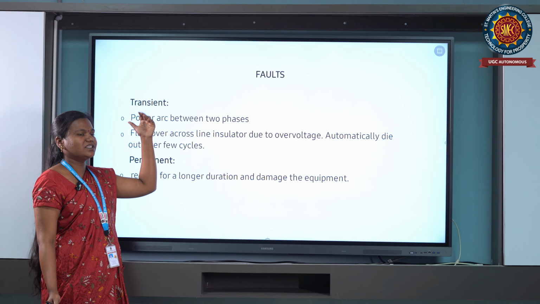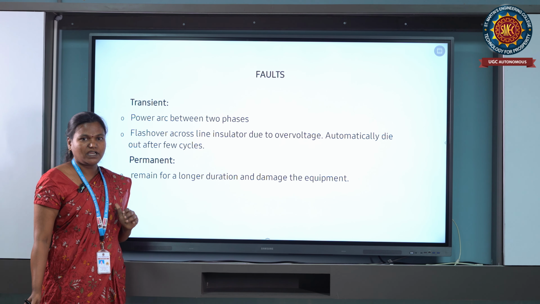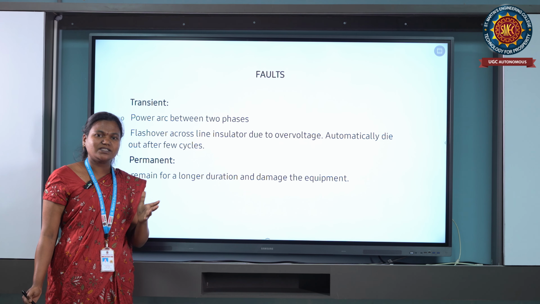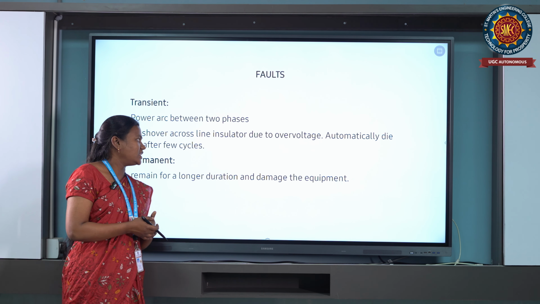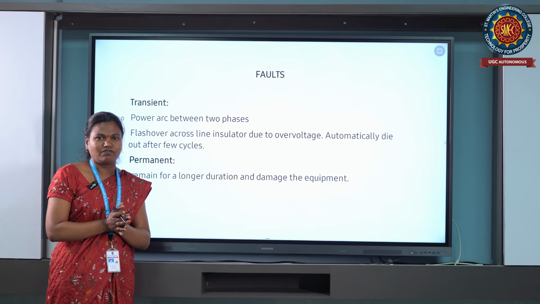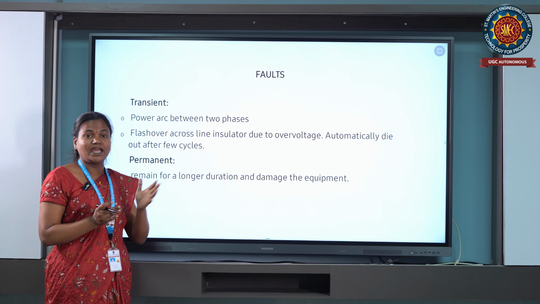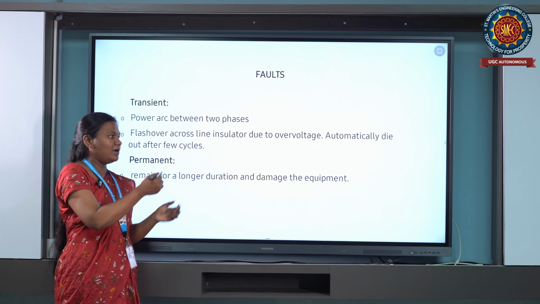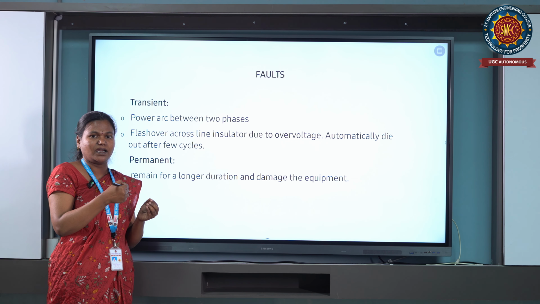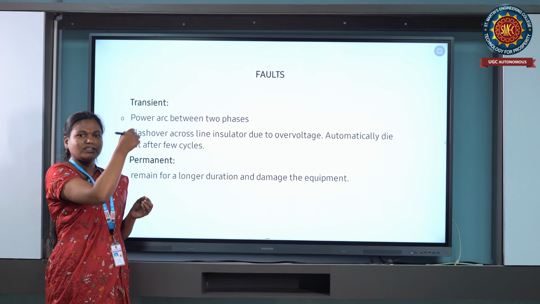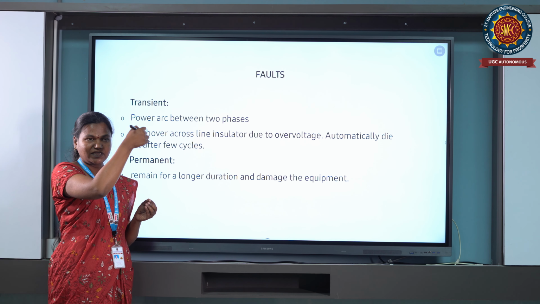These are the faults: transient faults and permanent faults. Transient faults are temporary faults, like a line-to-line fault. When a tree branch touches two conductors, a short circuit happens between the two lines.